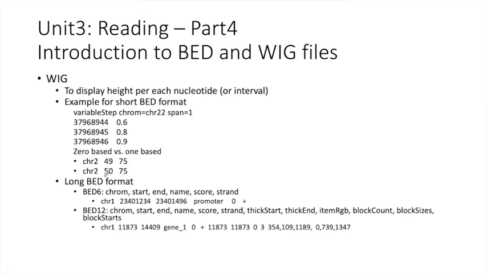If you look at that, at the 3796844th position, the height is 0.6. And the next base pair, height is 0.8. Next base pair, height is 0.9. And if you just save it and call it a wig file, and visualize it in the genome browser, upload it, it will show the wiggle shape.